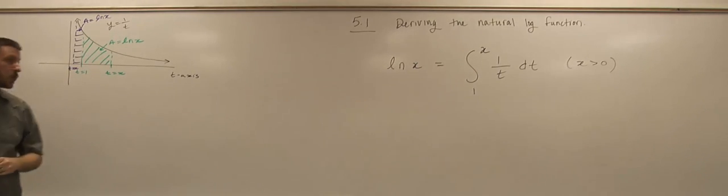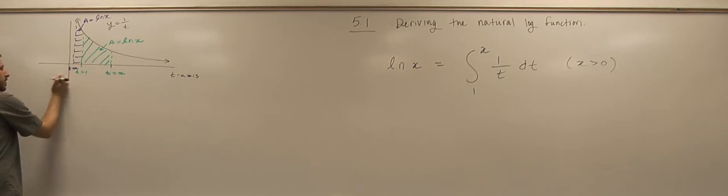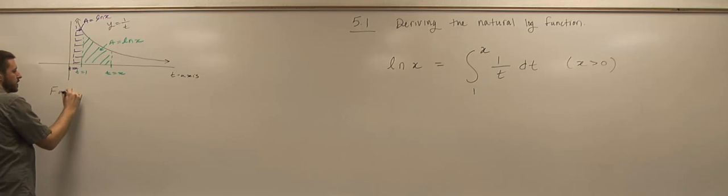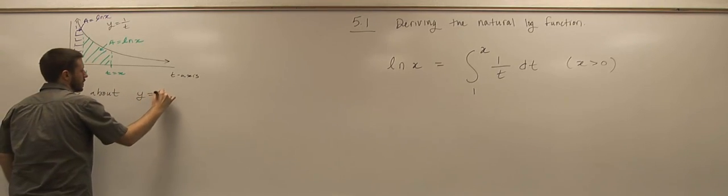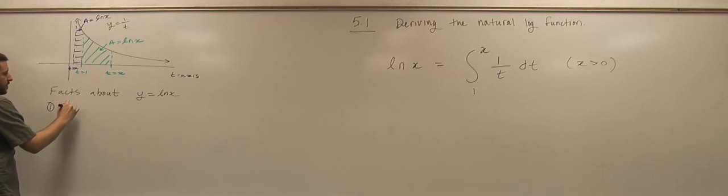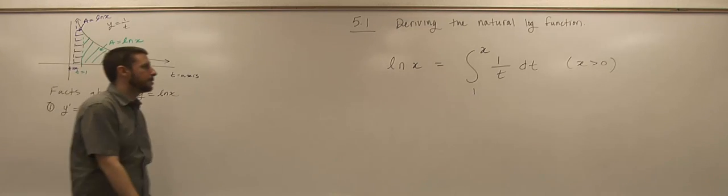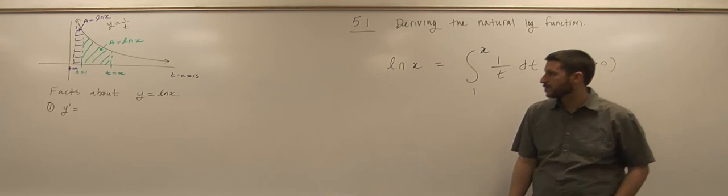It does tell you some cool calculus facts very quickly. Like, for example, here's some facts about ln x. What's the derivative? The derivative of ln x should equal what? 1 over x. 1 over x, why? And the accumulation.